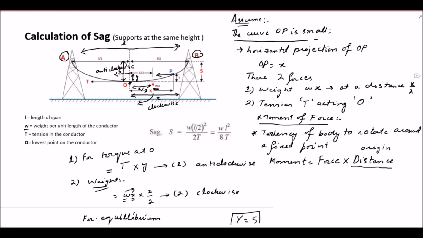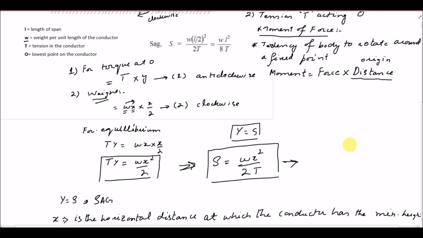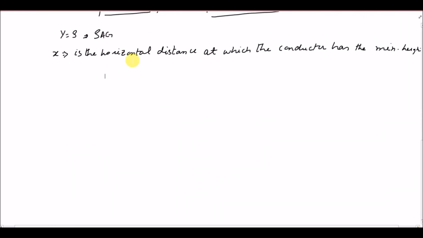So now we know the formula, we can replace the values of x and y. Here s is the sag, and x is related to the length of the line. We know the formula Ty is equal to omega x square over 2, and y in this case is equal to s, and for the value of x it is L by 2 whole square divided by 2, right?